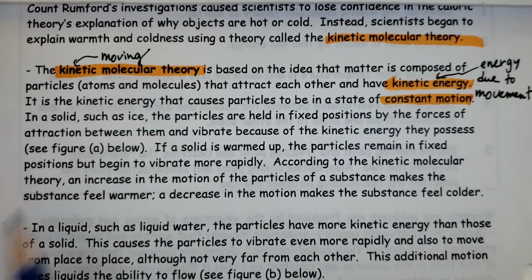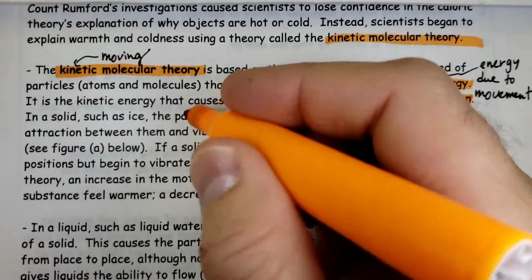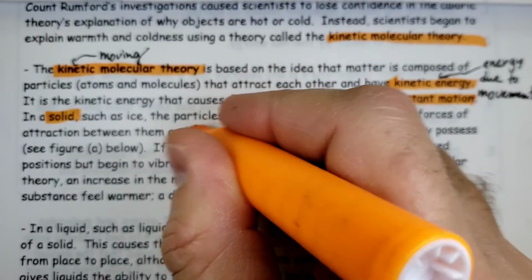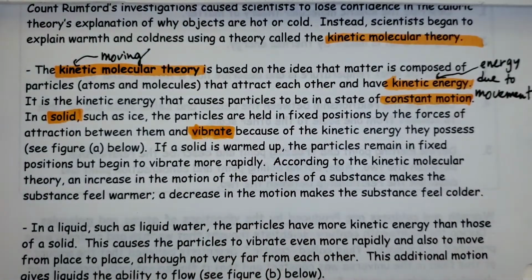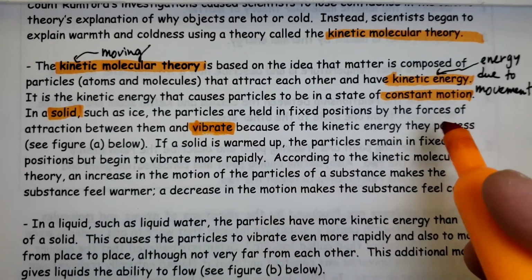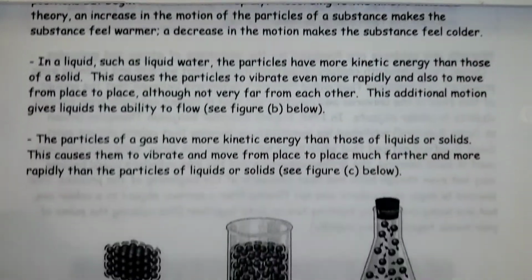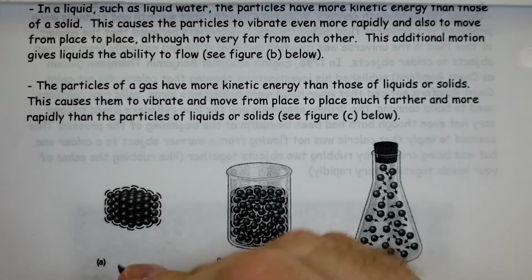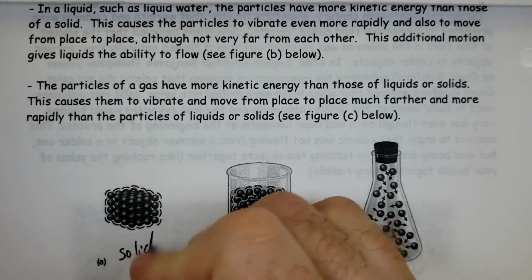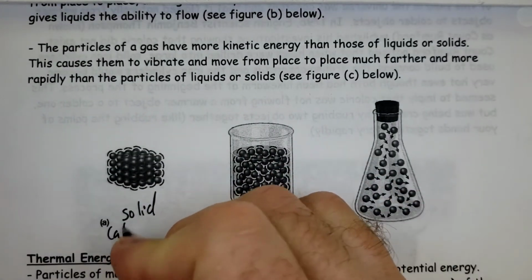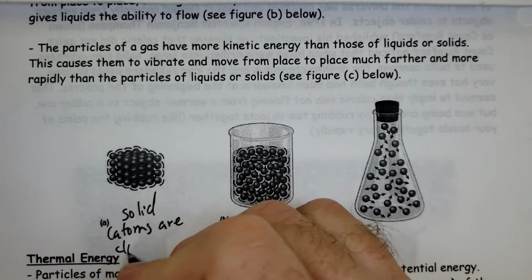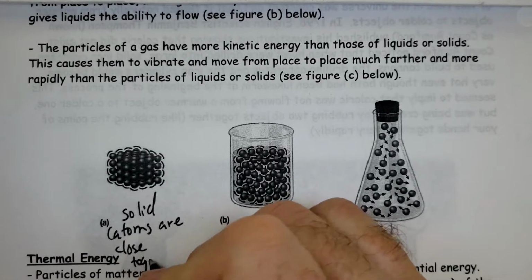In a solid such as ice, particles are held in fixed positions, but they vibrate. So you can think of solids, they move too, believe it or not, but simply vibrate. If you hit a table, you can feel the vibration of the table. So we can think of it as, unrelated to this picture here, so you can see a solid and atoms or molecules are close together.